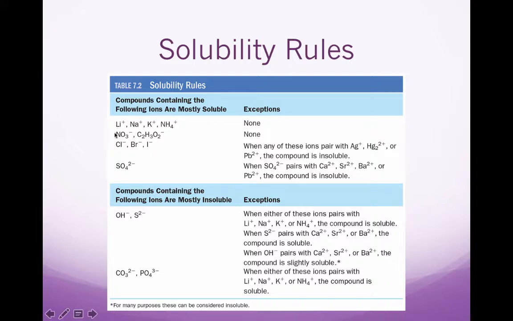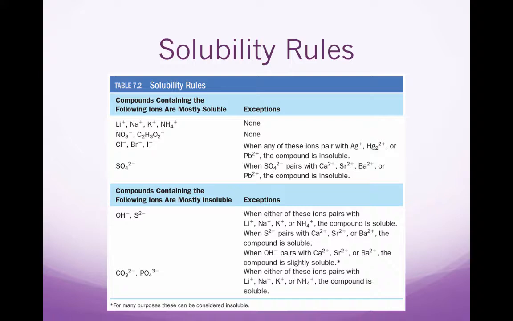Any compound with lithium, sodium, potassium, or ammonium ions is soluble. There are no exceptions. Any compounds with the nitrate ion or the acetate ion are soluble. No exceptions. Most compounds containing chloride, bromide, and iodide ions are soluble, but there are exceptions.